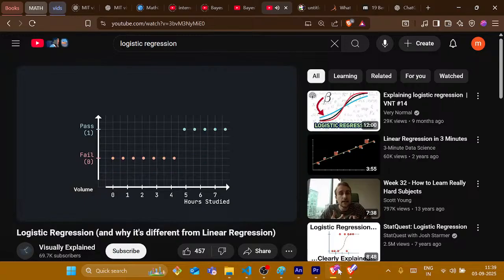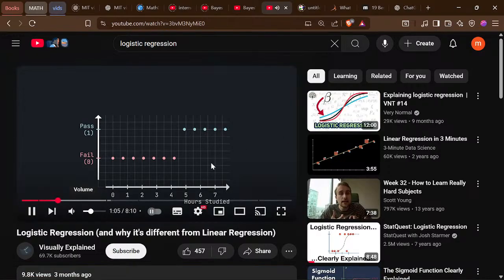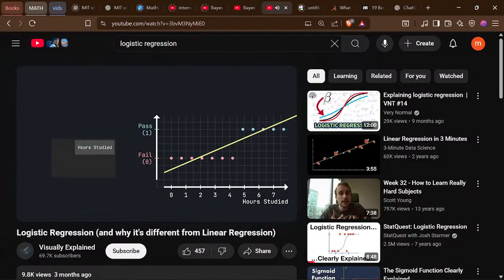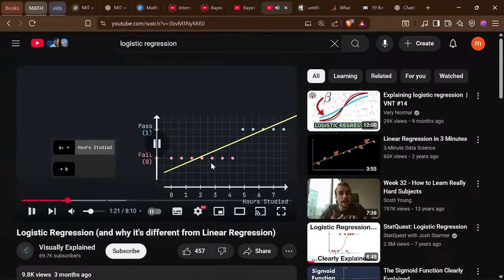And as a side note, I know many of you watch these videos during exam season, so I'm really sorry if this example hits a little too close to home. Anyway, if we use linear regression here, we will predict the output as a linear function of our features, plus possibly a bias or constant term. And here we have just one feature, which is the number of hours studied, but we can easily consider more.